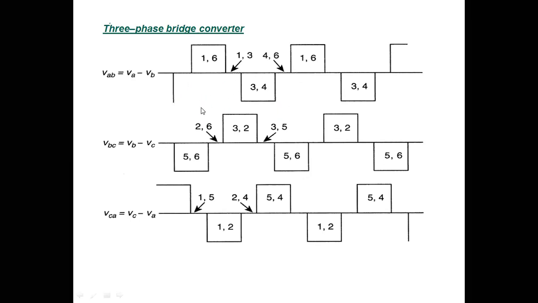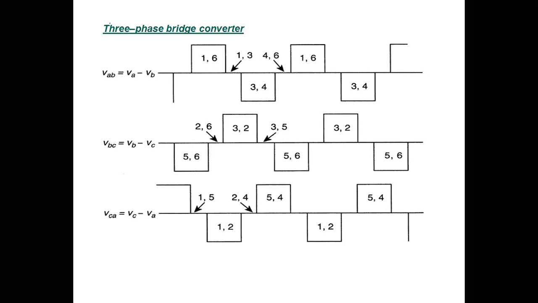The turn off devices which are conducting are also shown in this line to line voltage. So this is the line to line voltage. The previous one is simply the phase voltage with respect to neutral capital N. So it is a line to line voltage.